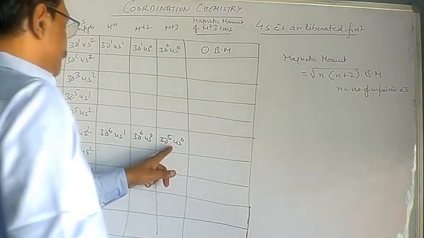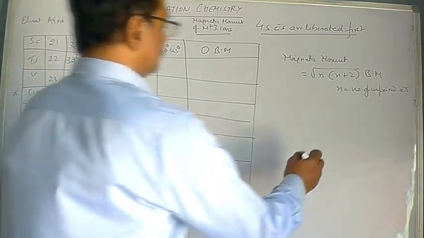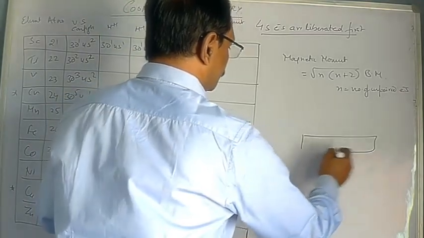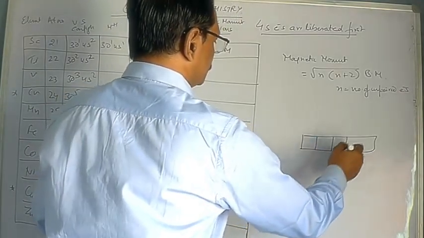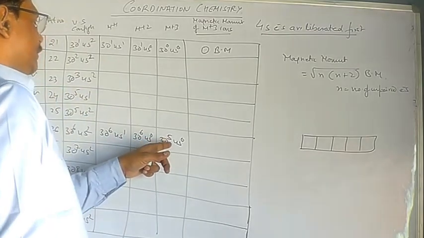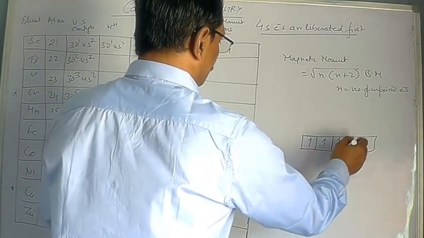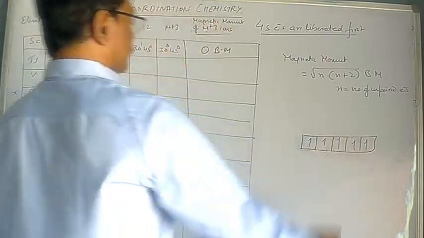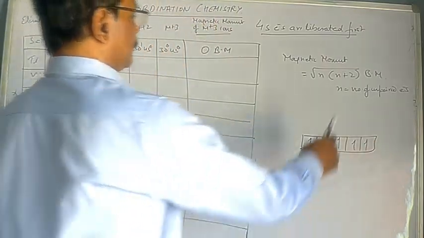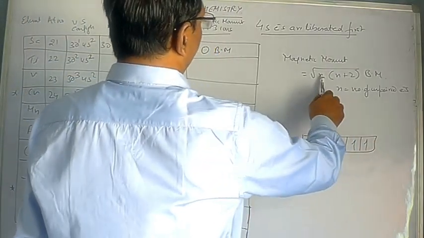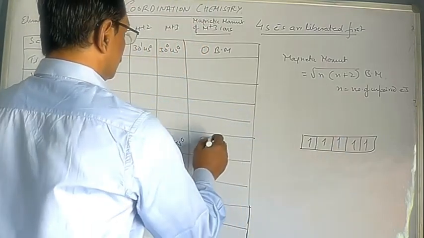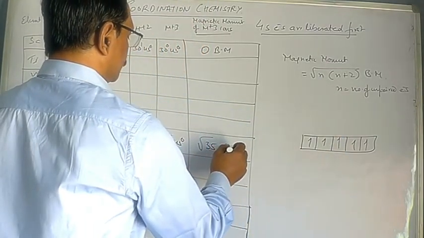Now class, we'll have to draw the d subshell. We all know the d subshell has 5 orbitals. And how many electrons are to be filled? 5. Follow Hund's rule: 1, 2, 3, 4, 5. The number of unpaired electrons we are getting is 5. So I'll put here 5 plus 2, 7. 7 fives are 35. So I get my Bohr magneton as root 35 Bohr magneton.